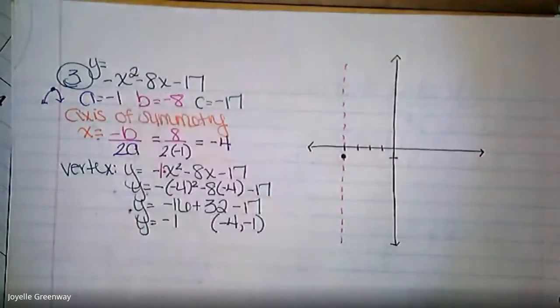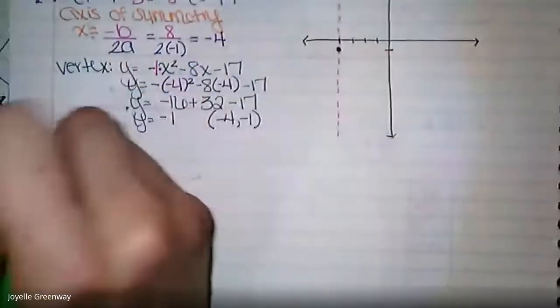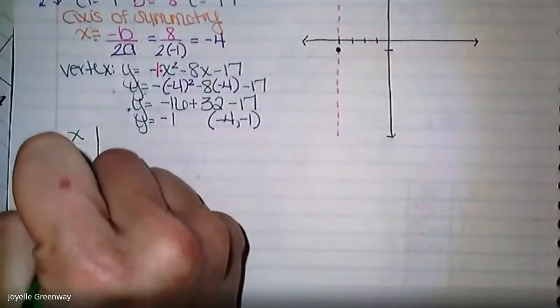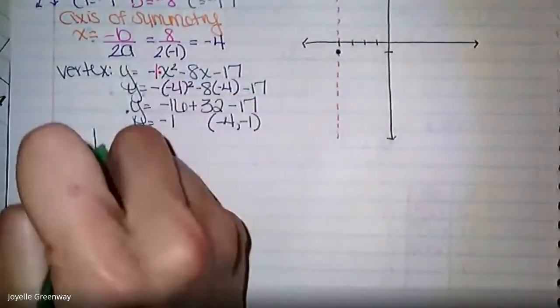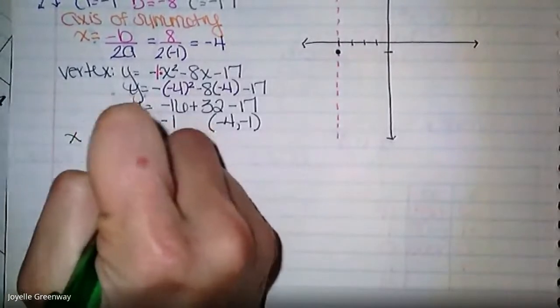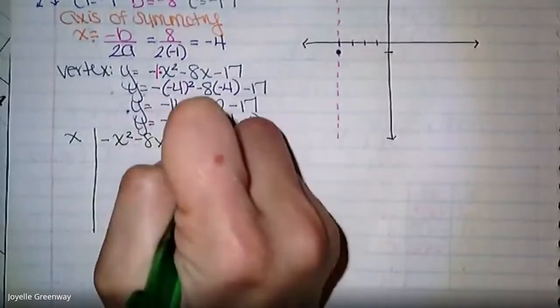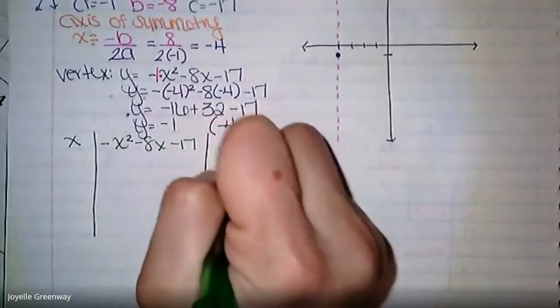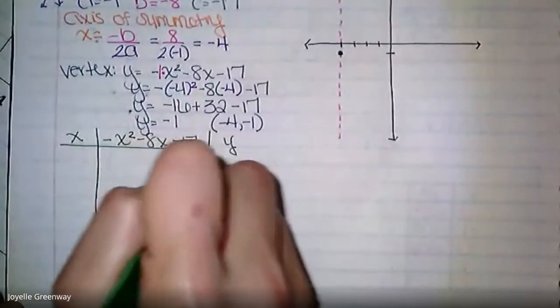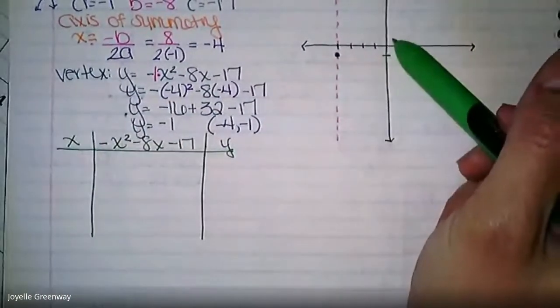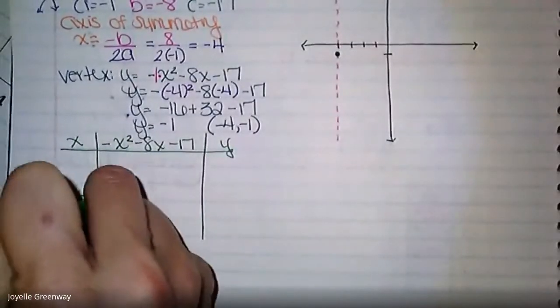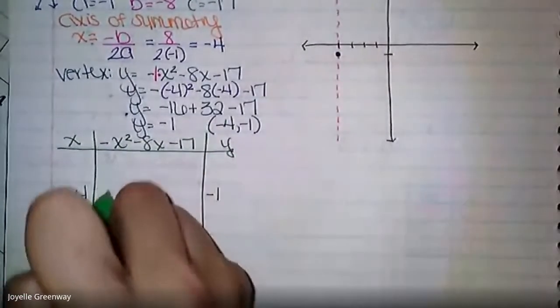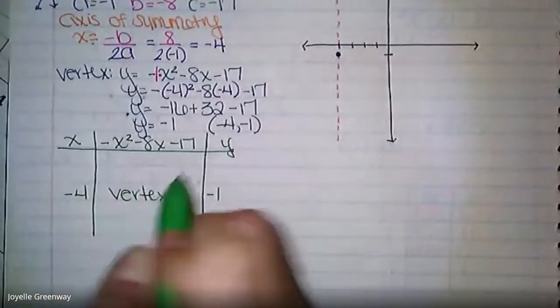So I need to make a table. So I have x, and then I have negative x squared minus 8x minus 17, and then I have y. So my vertex is at negative 4, negative 1. So here's my vertex.